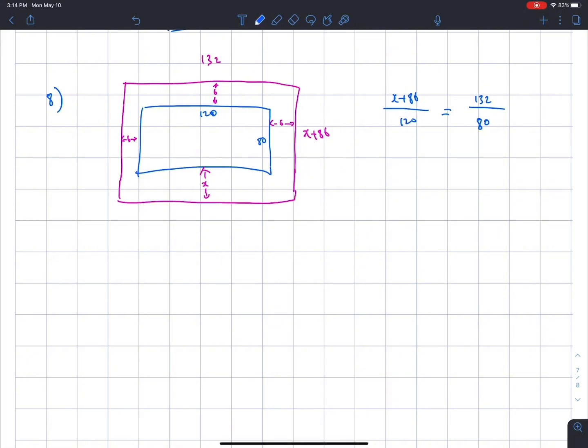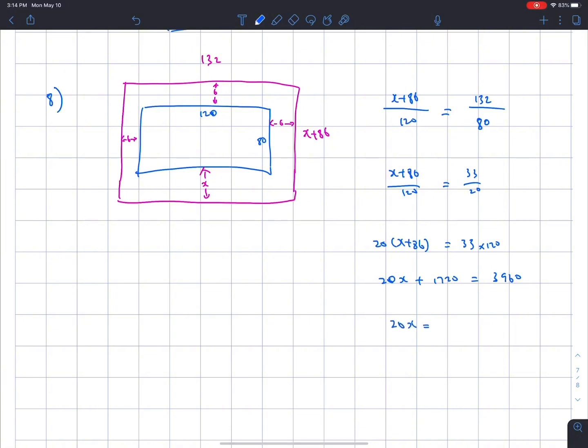So I can simplify first. x plus 86 over 120 equals, I can divide both of them by 4, I think. Yeah, I get 33 over 20, and then now I cross multiply. So 20 bracket x plus 86 equals 33 times 120. 20x plus 20 times 86 is 1720, equals 33 times 120, which is 3960.